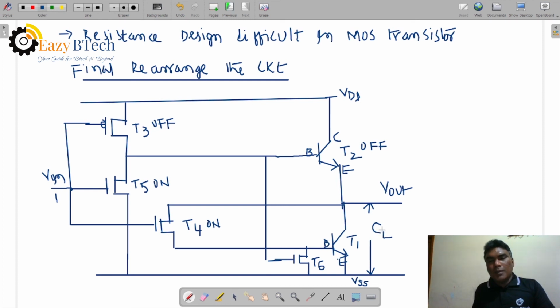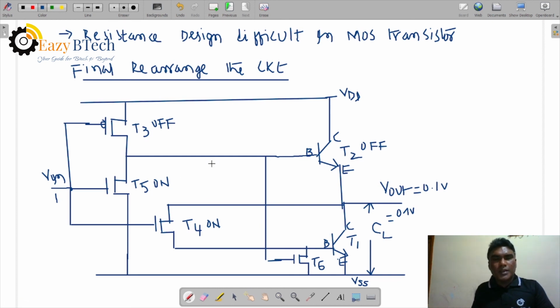Then the capacitor discharges through this collector and emitter. So the output voltage is 0.1 volt only. So it is fully 0 when the input is 1.